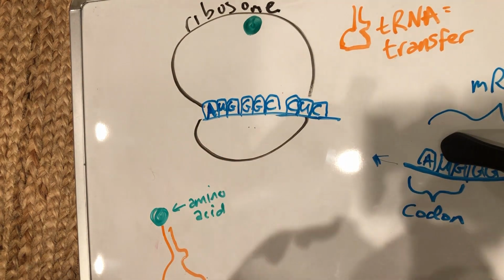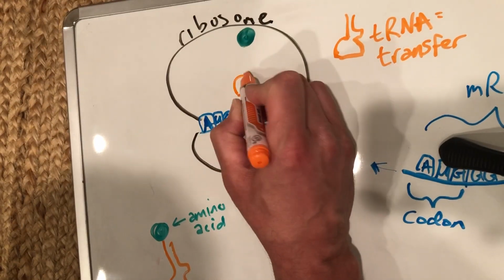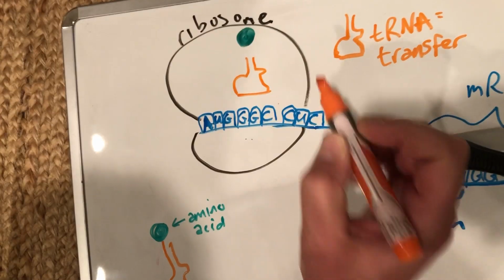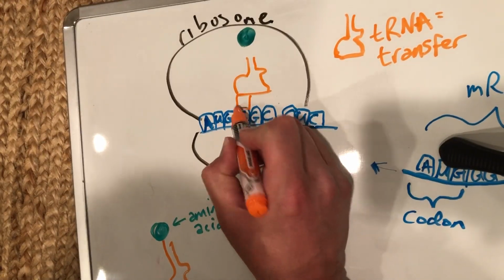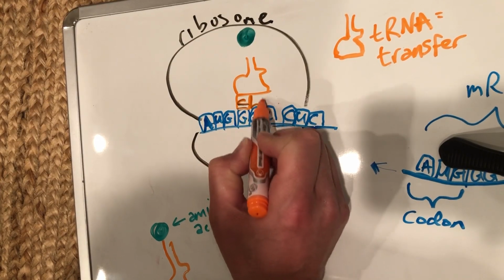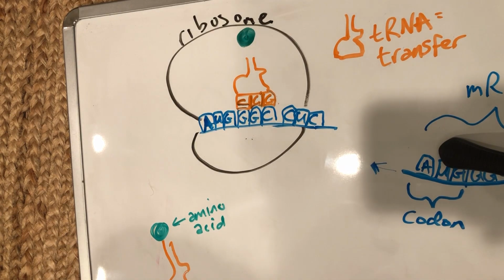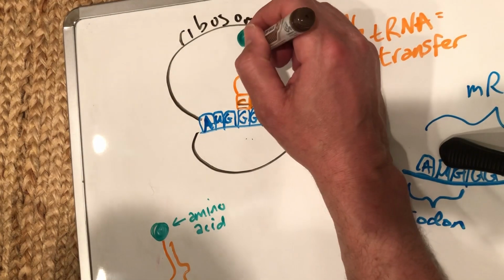But I'm going to bring in another tRNA. It's going to be here, and you should be able to tell me what's called the anticodon. It's going to be C, C, G. Now, I'm not sure what CCG would code for, but like all tRNA molecules, this will be carrying an amino acid.